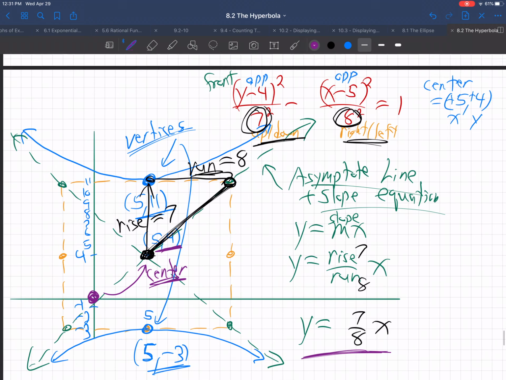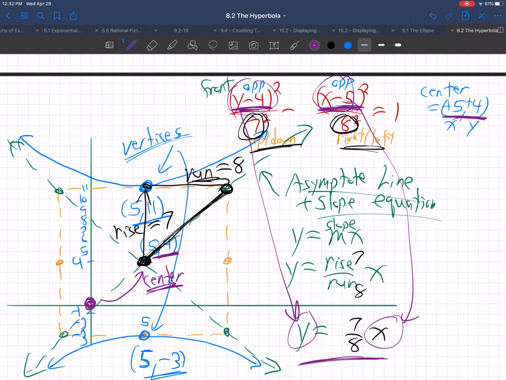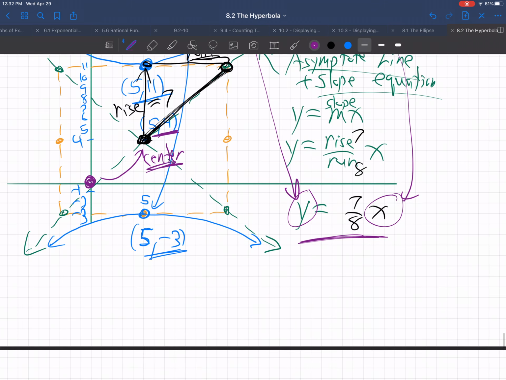Well, how do you do that? Why is the center (5, 4)? Because of x minus 5 originally being in the parentheses and y minus 4. That made the center the opposite, (5, 4). So you replace x with x minus 5, and you replace y with y minus 4. That'll do the shift for you and move it to the new center.